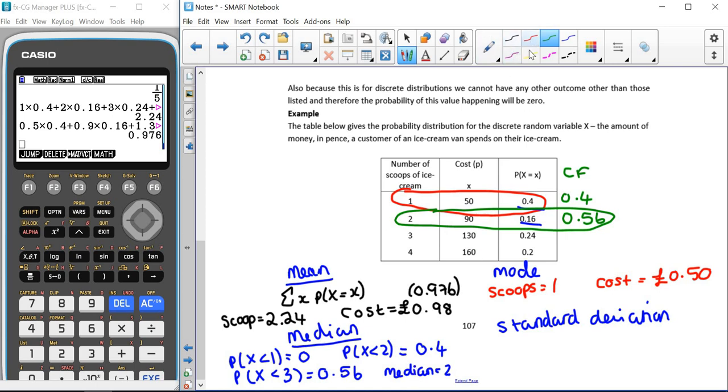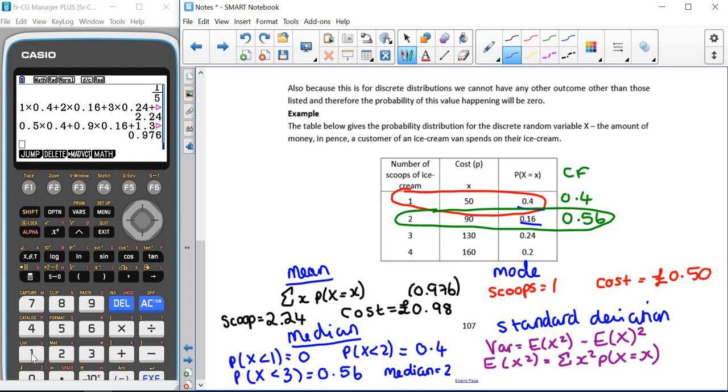For the standard deviation, remember we can't find that straight away, we have to start off by finding the variance. And for that we're going to have to find E of x squared, and then subtract E of x all squared, the mean squared. So for our E of x squared, remember that means that we're doing the sum of x squared times the probability of each one of those outcomes happening.